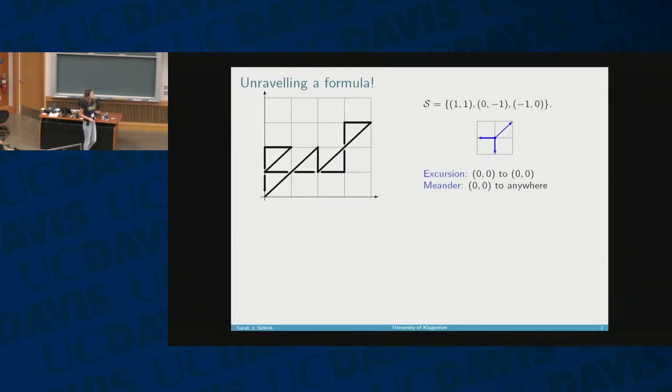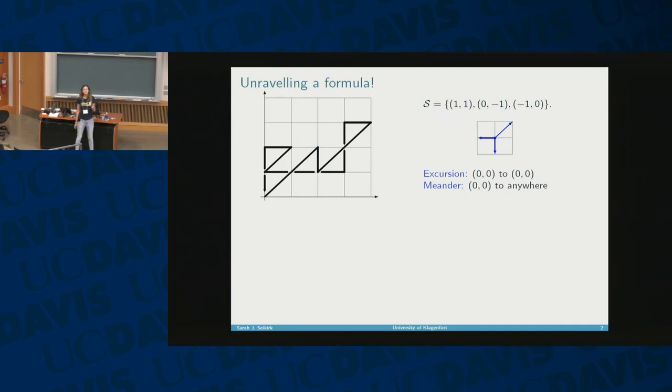So I'm not going to assume anyone really knows much about this, so I'm just going to start from the basics. And so what is a walk in the quarter plane? Well, we have some step set. It can be anything. We just have an example over here. And we draw a lattice path starting at the origin and a sequence of steps ending possibly anywhere, and it must remain within the first quadrant of the Cartesian plane, so it cannot go below the x-axis or to the left of the y-axis.